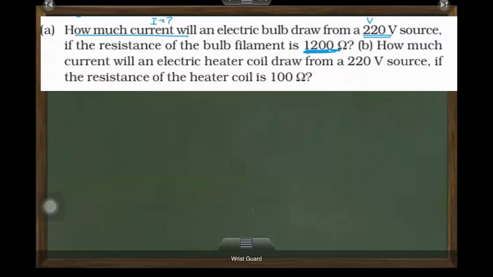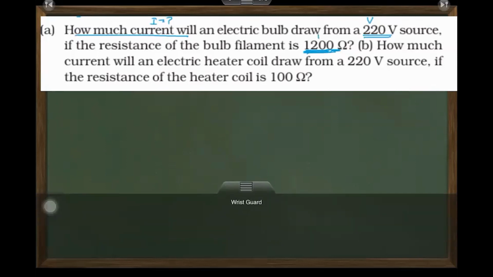We have been given the potential difference and the resistance, and that's why in the solution, you should write, at first, given that.